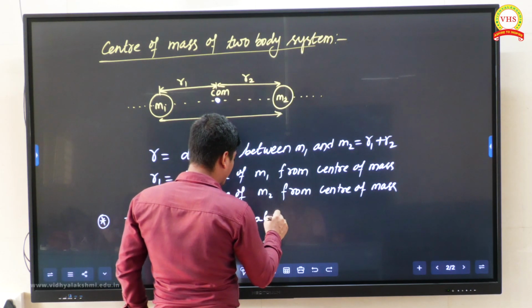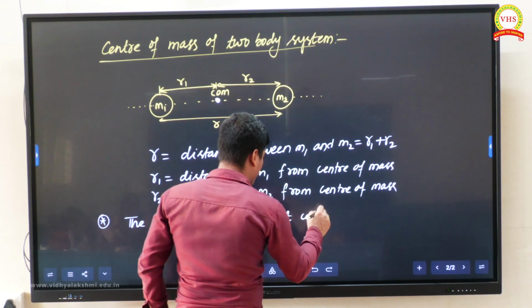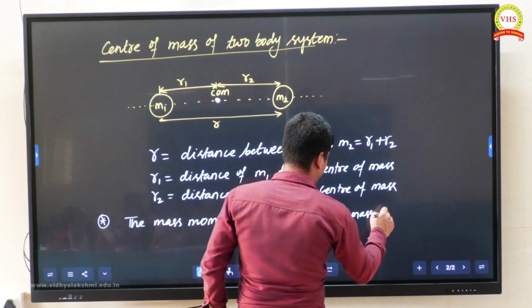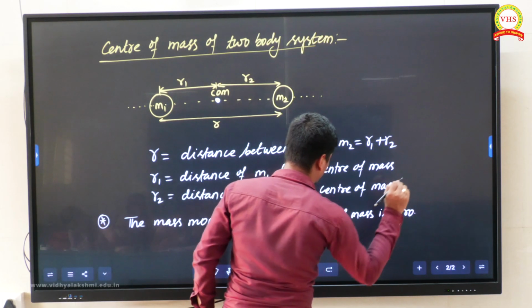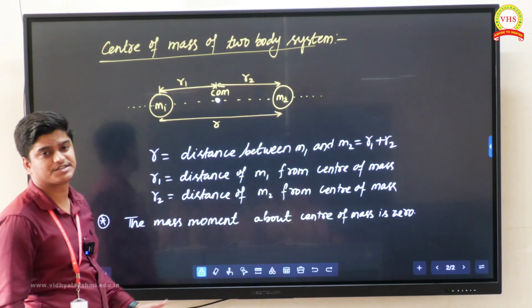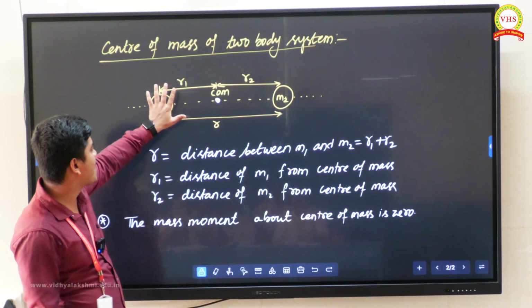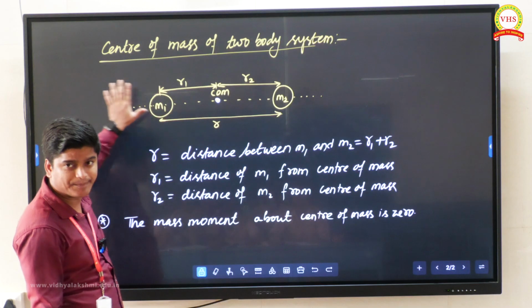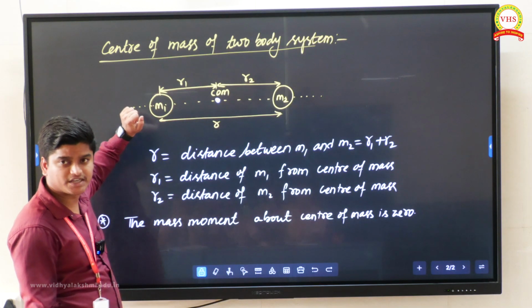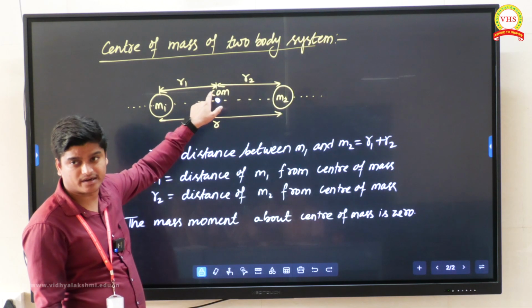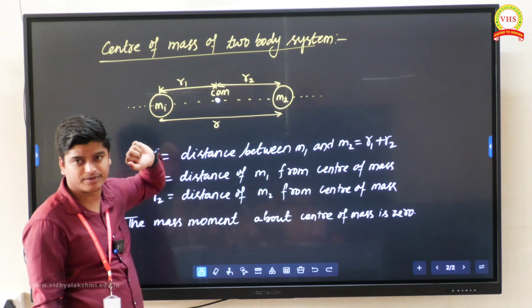The mass moment about the center of mass is 0. That means if I move this M1 some distance to the left side, and I want my center of mass to stay at the same position, then what do I have to do?